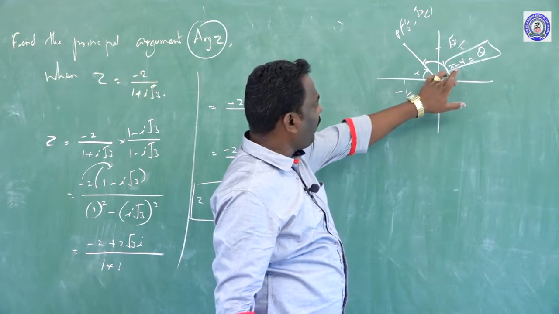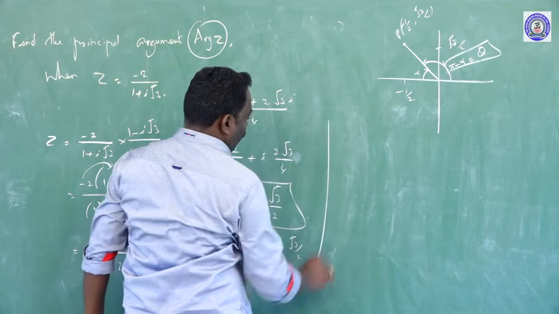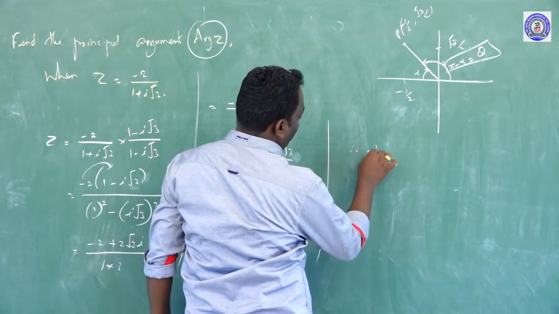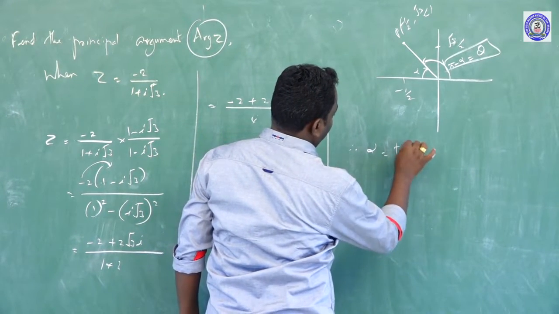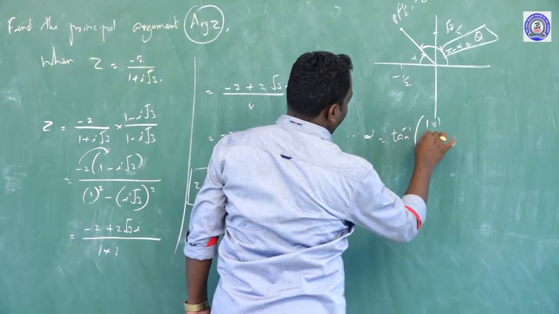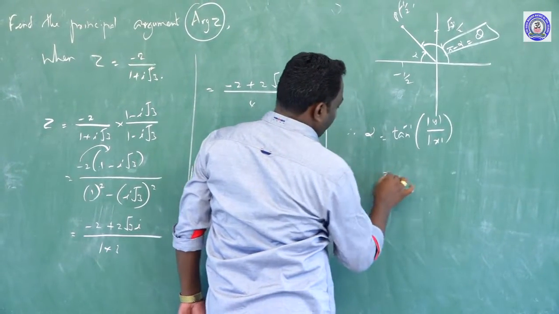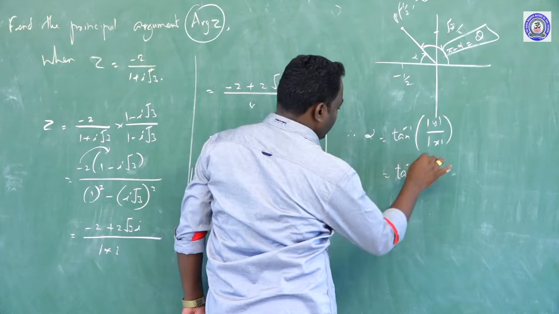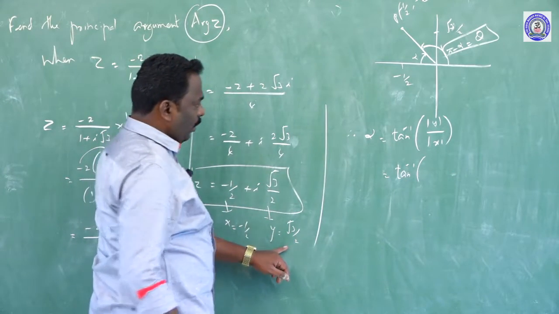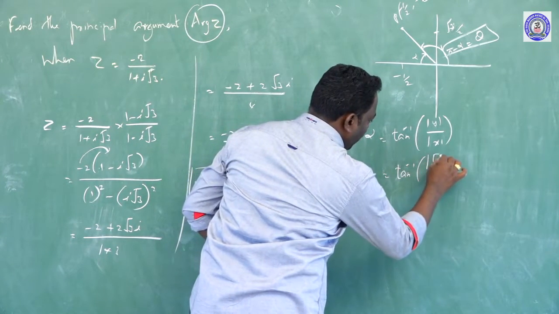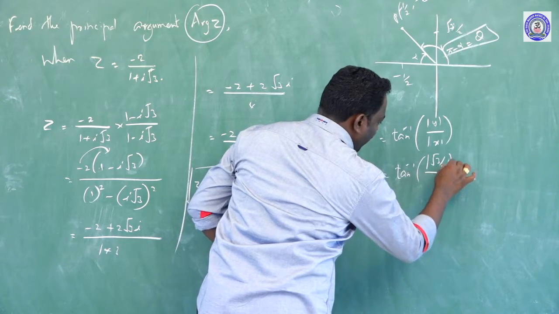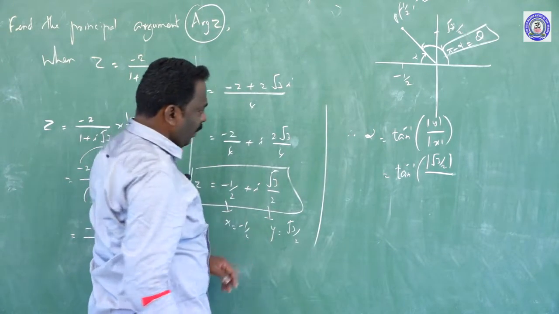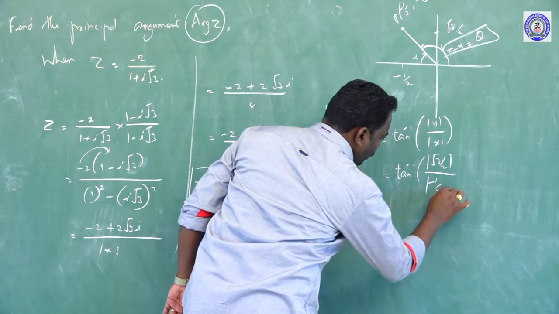So first we find the alpha value. Here alpha equals tan inverse of modulus of y by modulus of x. What is y? Y is the modulus of root 3 by 2, and x is minus 1 by 2, modulus of minus 1 by 2.